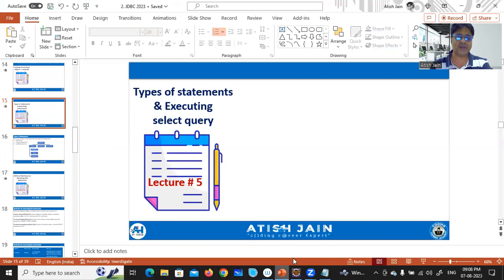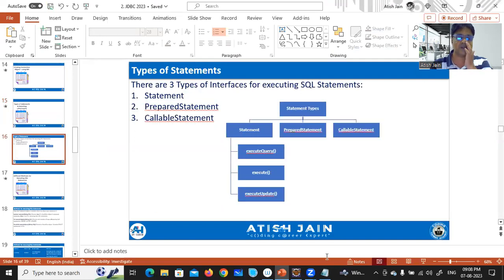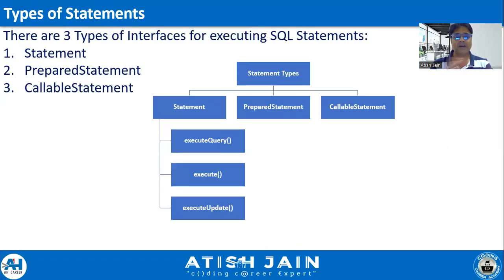Now let me tell you what this Statement actually is. The Statement is an interface. Is it clear? So how many types of statements are there? Majorly, there are three types of statements. The first one is Statement, the second one is PreparedStatement, and the third one is CallableStatement.